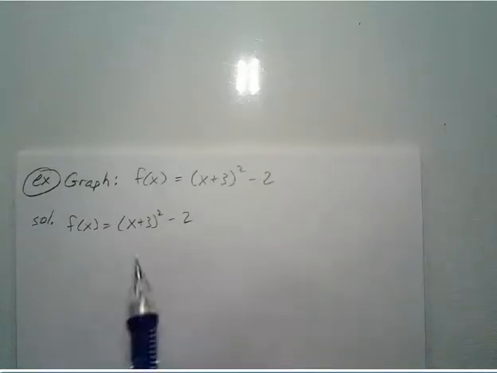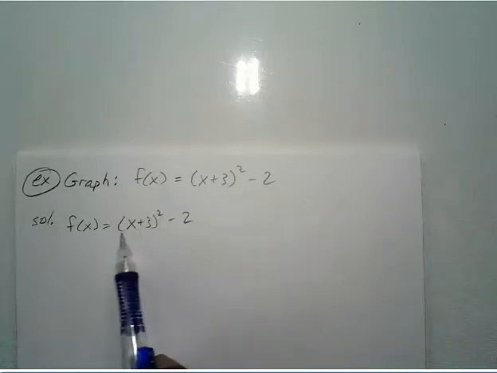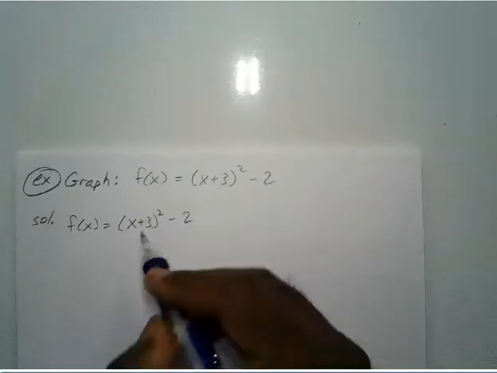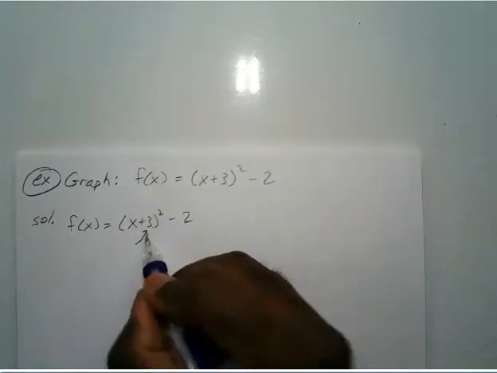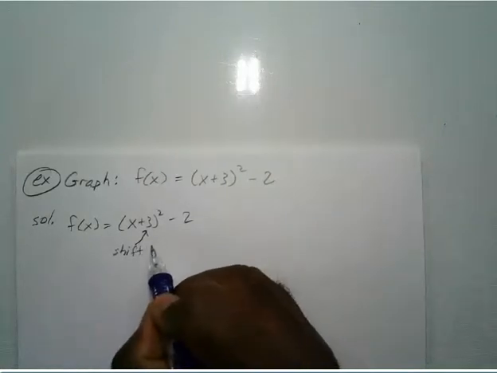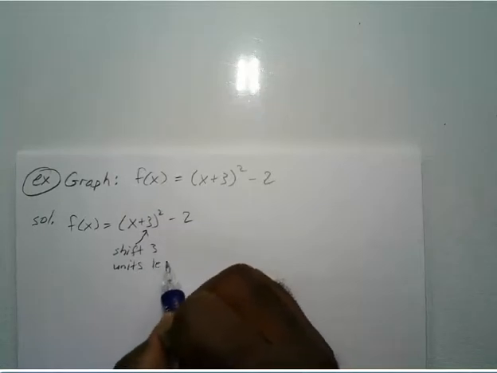Remember, if your value is underneath the parent function, that lets you know it's going to shift left or right. So here, the plus 3 under there lets you know you're going to shift 3 units left.